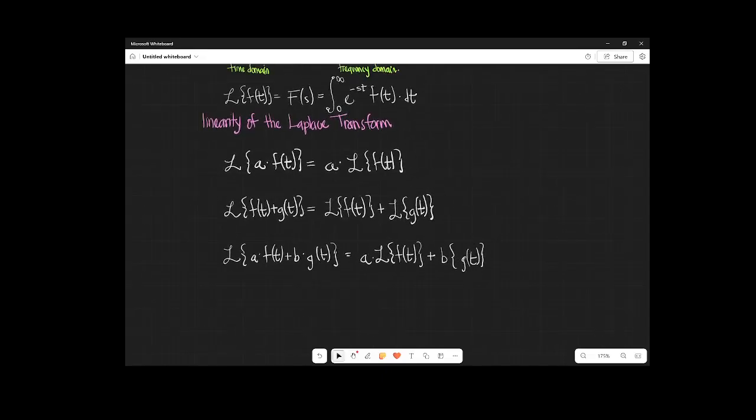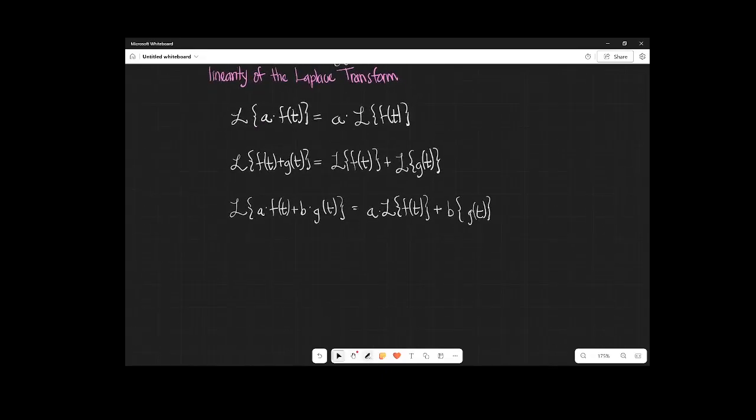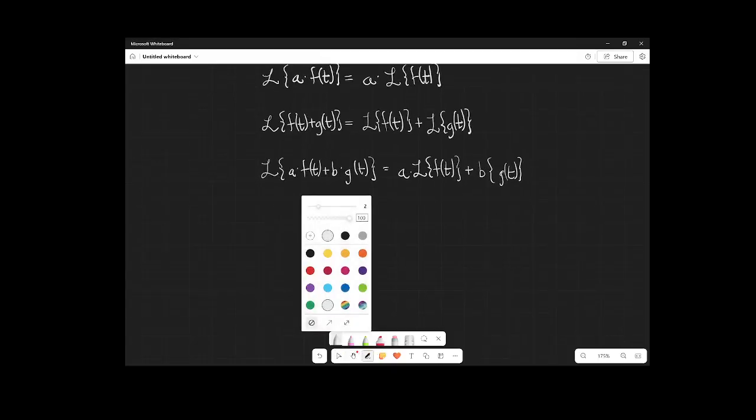Okay, so that demonstrates the linearity of the Laplace transform. Now let's just do some examples.